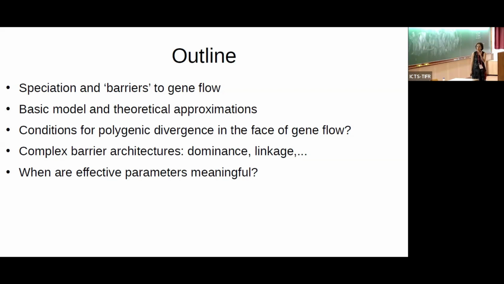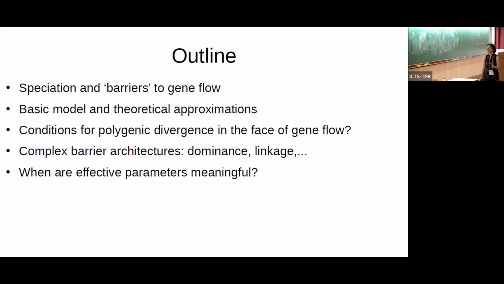I'll then go a bit away from the simple model and just briefly talk about more complex genetic architectures of differentiation, when the differences between species involve loci with arbitrary dominance or with physical linkage along the genome.